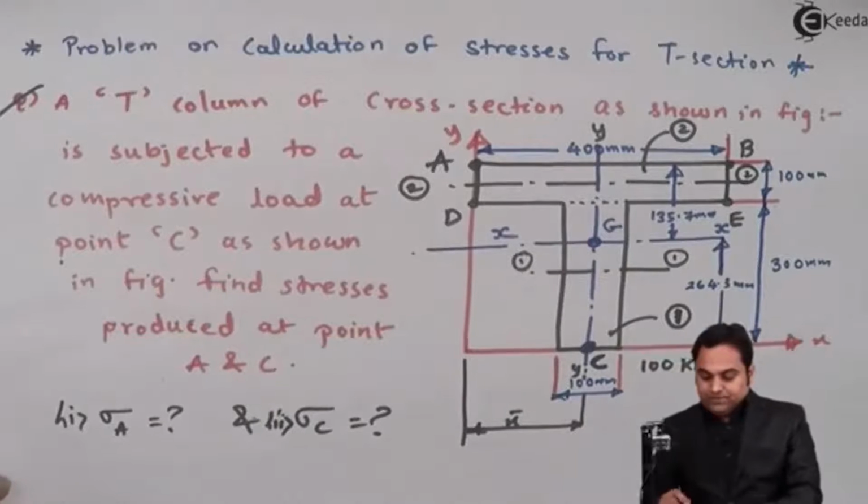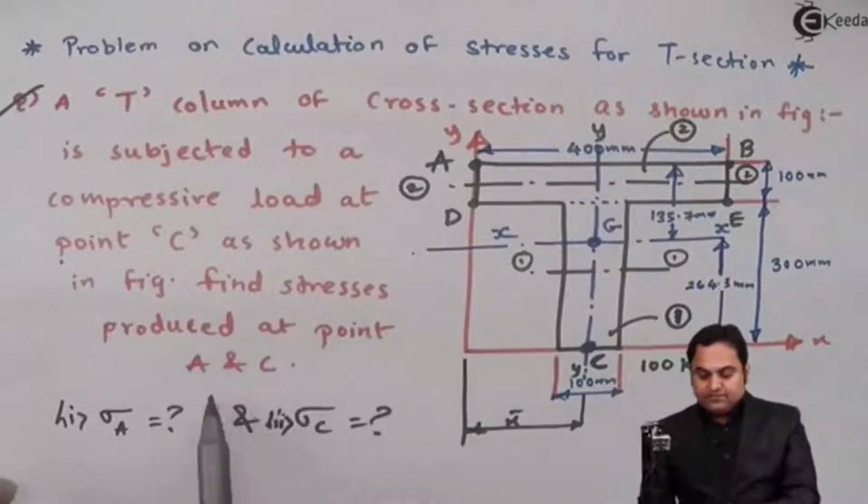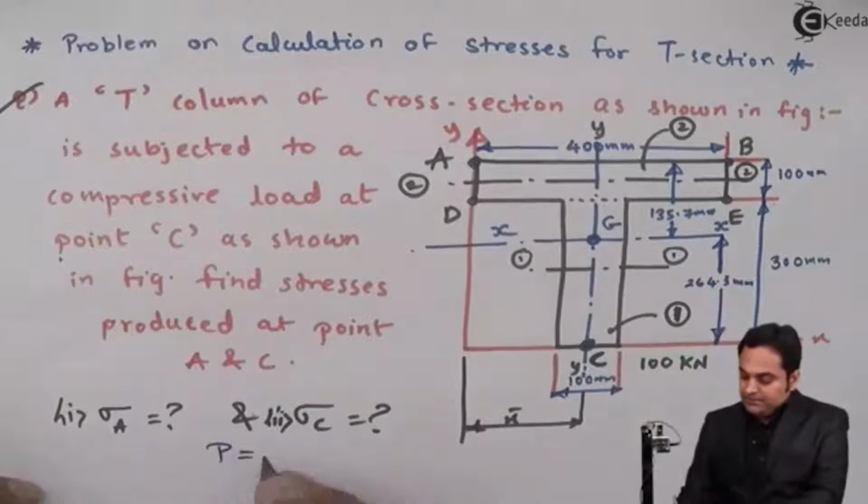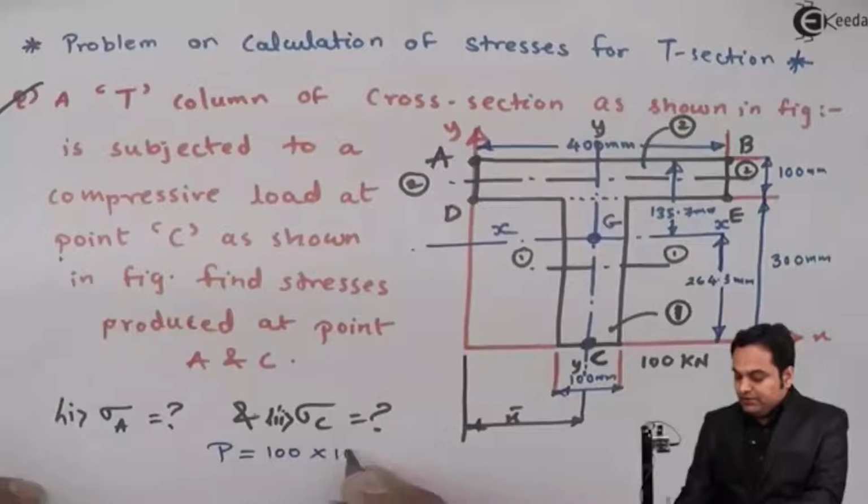The next thing, as we have to find the stresses at point A and C. At C the load is 100 kilonewton, so load P is 100 into 10 raised to 3 Newton.